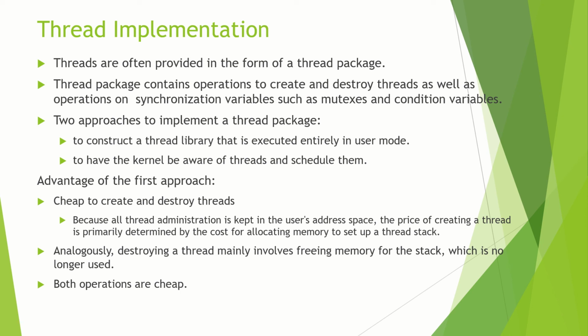Threads are often provided in the form of a thread package. We will learn this in the programming. A thread package contains operations to create or destroy threads as well as operations on synchronization variables such as mutexes and condition variables. As I said, a mutex is a locking mechanism for a critical process or thread.